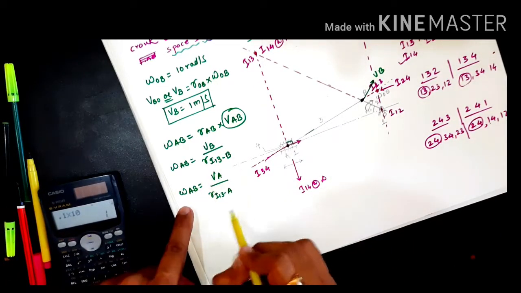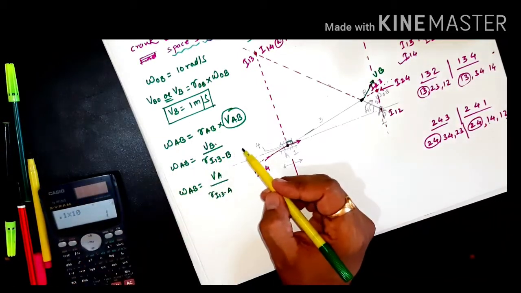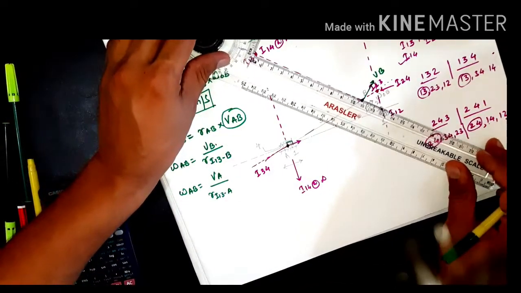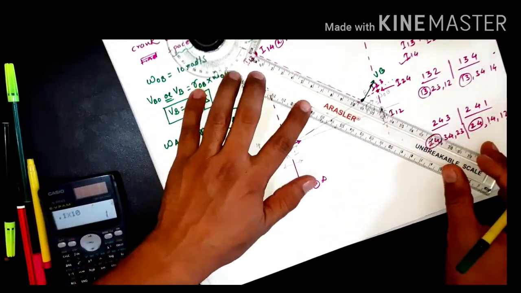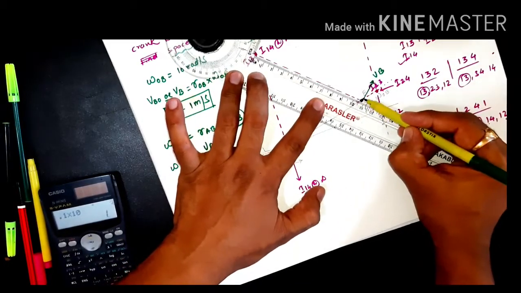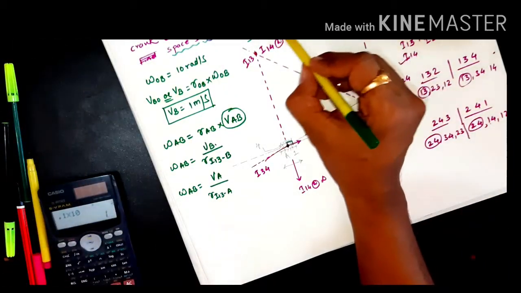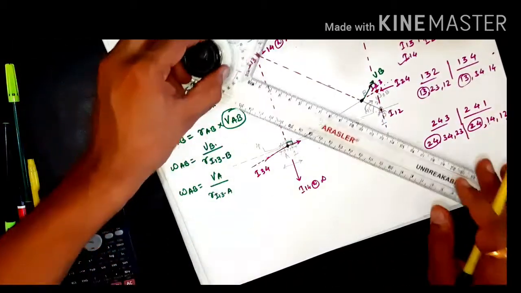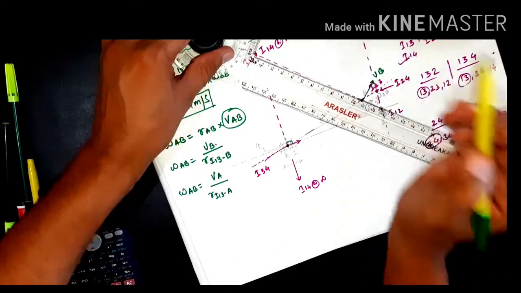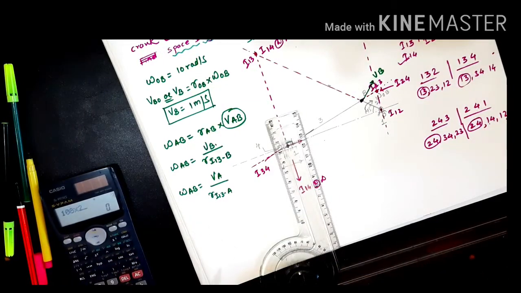Now I have VB that I have calculated, and I know this radius I13B that I can measure.